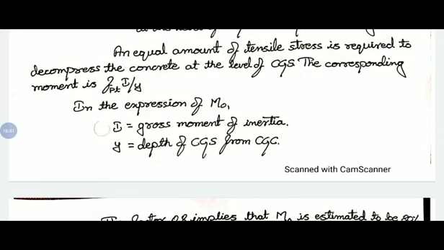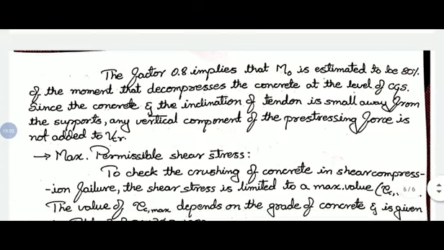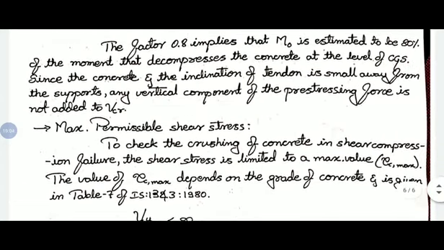So in the M naught equation, I is the gross moment of inertia, that is the moment of inertia of the entire section, and Y is the depth of CGS from CGC. So the distance between the centroid of the concrete section and the centroid of the pre-stressing steel we are providing is Y. The factor 0.8 implies that M naught is estimated to be 80% of the moment that decompresses the concrete at the level of CGS.